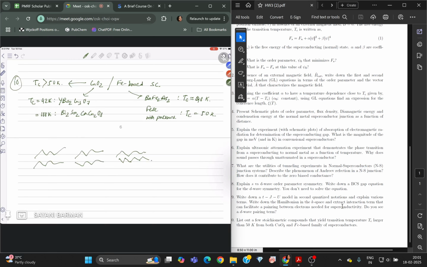Since they're layered, electron correlations happen more, and that strength of electron correlation leads to the unconventional pairing mechanism of the electrons. That's why we call them not BCS superconductors, but ones which do not obey the BCS rule. So unconventional superconductors are also often found at high temperatures.